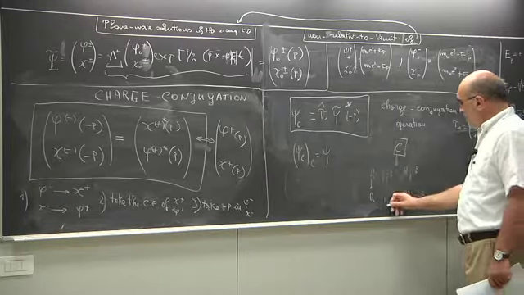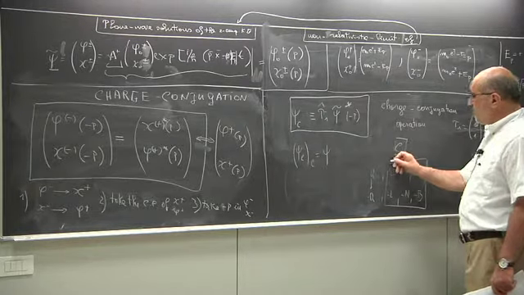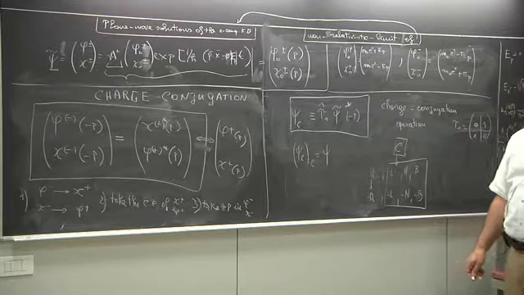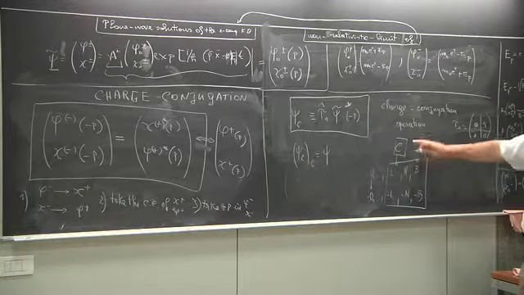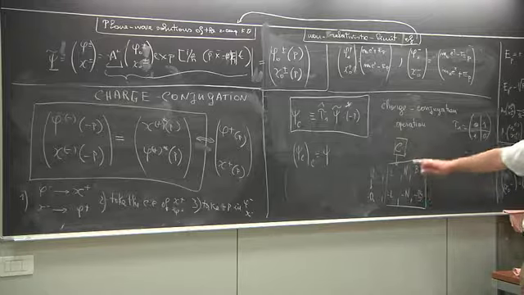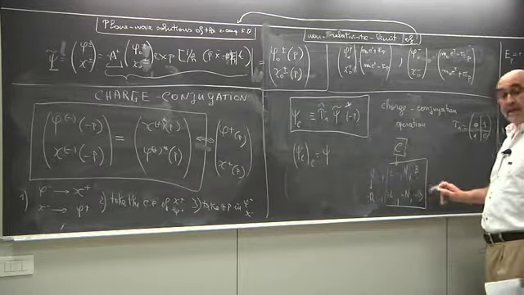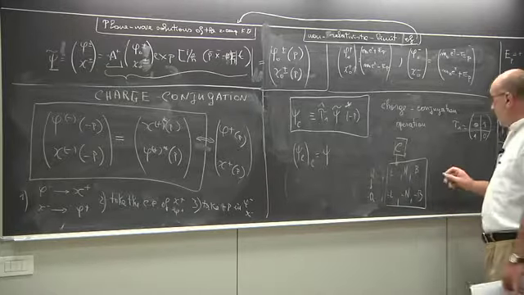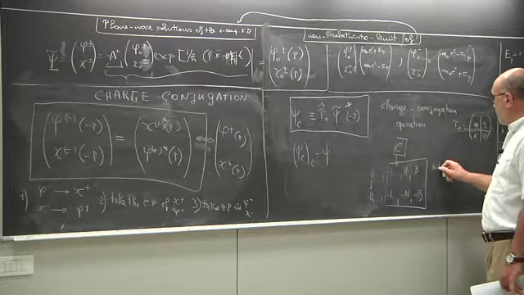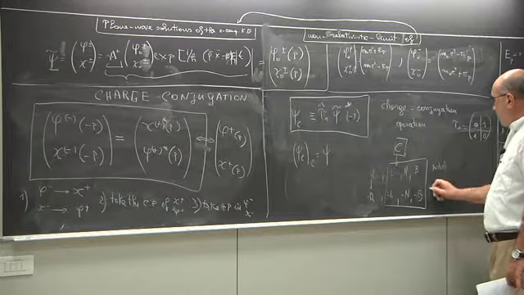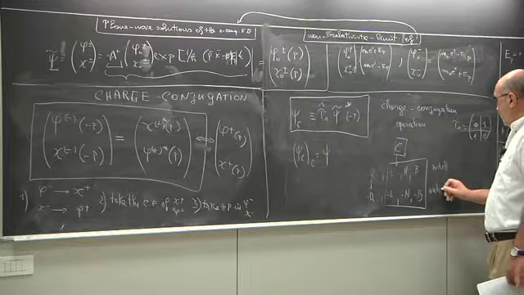Now, I will skip this part because you will do it in more detail when you do particle physics. But what is interesting is that the particle characterized by this number and the one characterized by this other number are one called the antiparticle of the other. So if this is a particle, this is what is called the antiparticle.